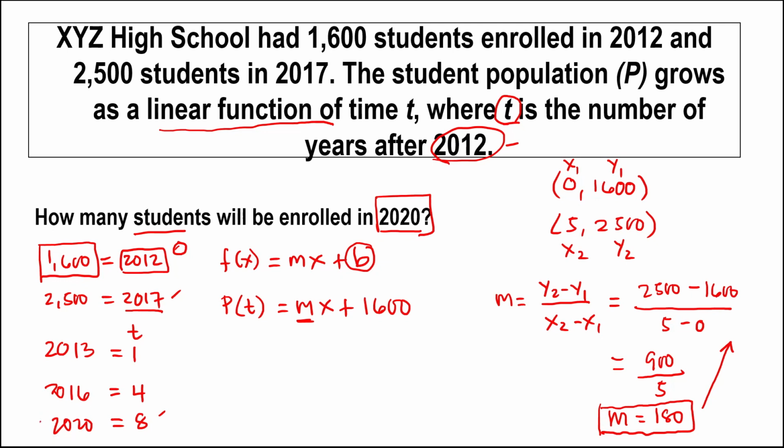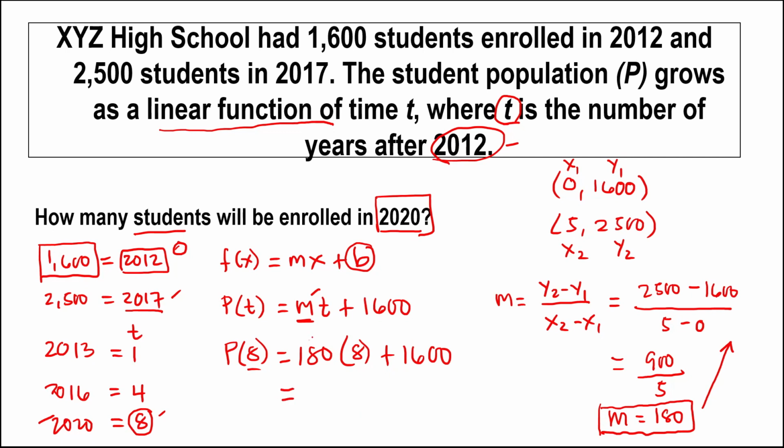Since in 2020 the time is 8, the population after 8 years equals the slope, that's 180, times the time, and the time is 8, then plus 1,600.